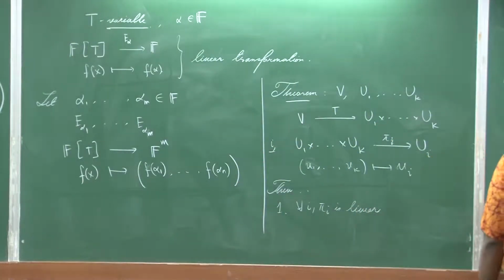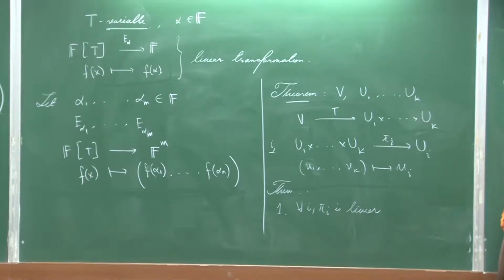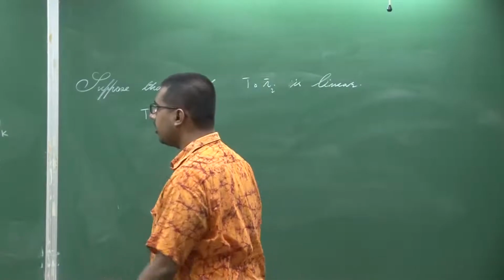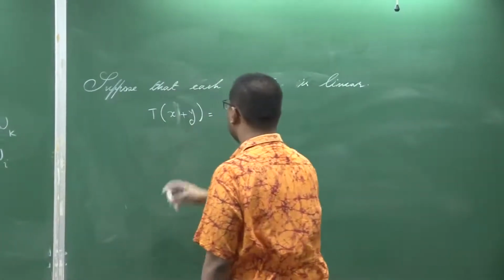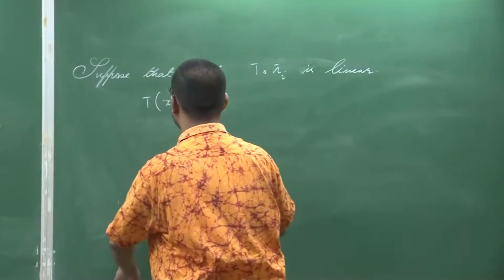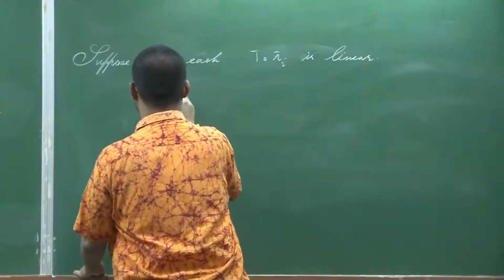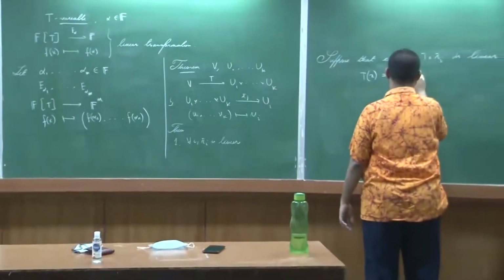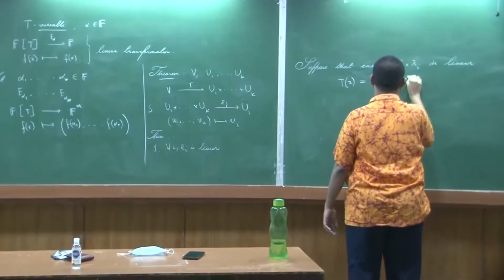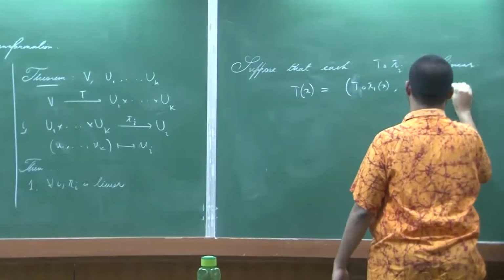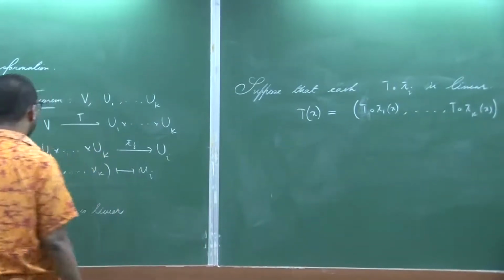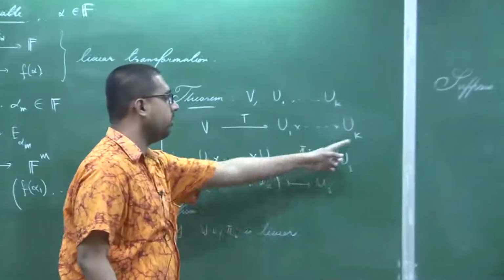That is very easy to see. What do you need to do to prove T is linear? For T of x plus y, we have to see whether that is Tx plus Ty or not. We just observe that Tx is nothing but pi 1 composed with T of x, up to pi k composed with T of x. Suppose Tx is y1 up to yk.